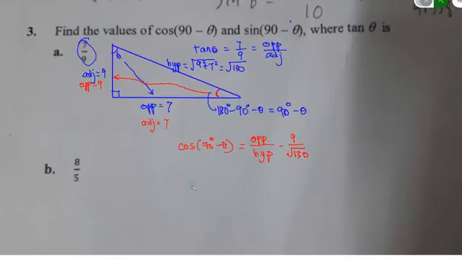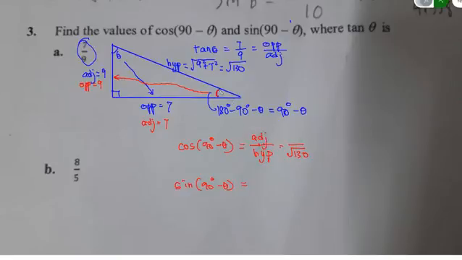Okay, now, sine 90 minus theta means this angle is actually, oh, teacher made a mistake. This should be adjacent over hypotenuse.